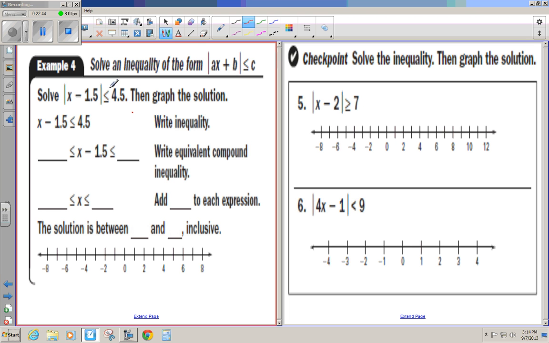Graph the solution. Write the inequality. It's a type 1, so it's between, and all you do is you put one positive on the right, negative on the left. Add 1.5 to both sides.